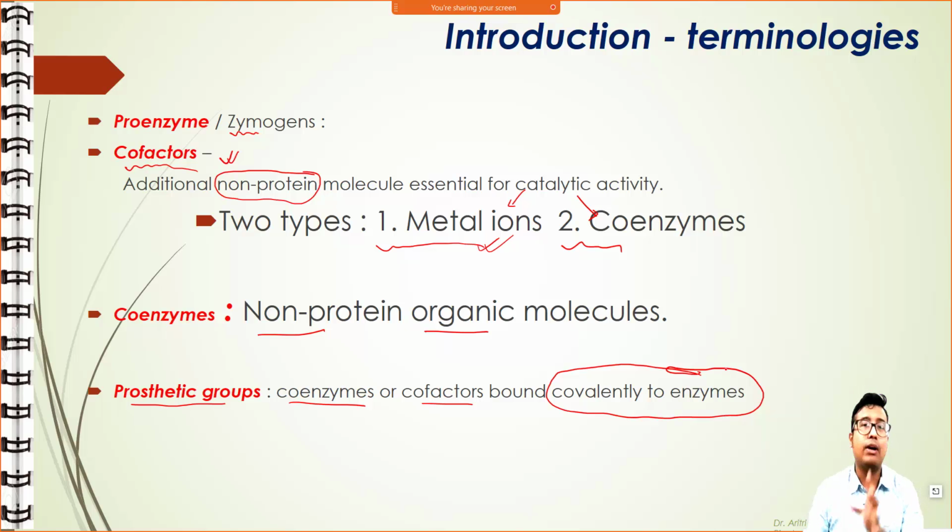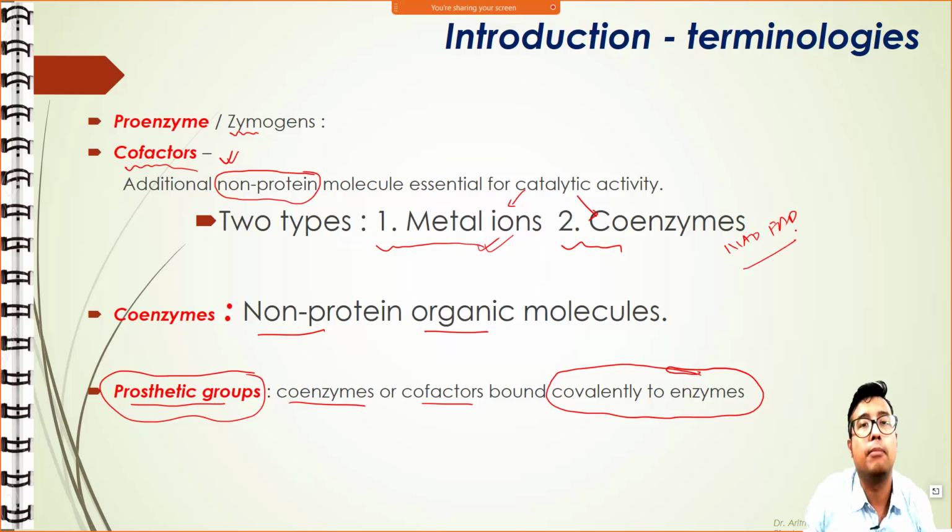If something is organic and it is bound so tightly that the enzyme will denature if we try to separate it, then that is actually a prosthetic group. Otherwise, coenzymes like NAD, FAD are organic but non-protein, and those are loosely bound.